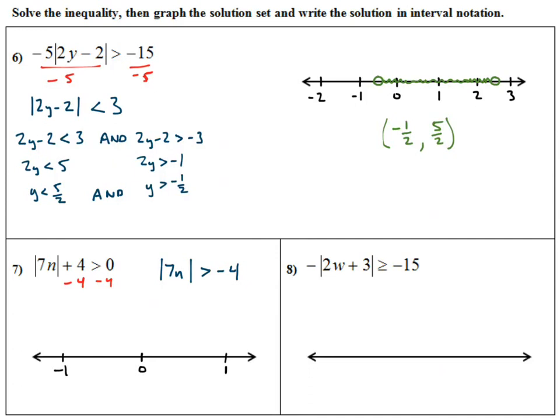Because of this, I can go ahead and number my number line, but because it's always true, there's no value of n that doesn't work, and therefore, when I shade, I get to shade the entire number line and then fill in both ends. So that means that all numbers on my number line work, and the way to indicate that with a solution set, there's 2 ways. I can use all real numbers.